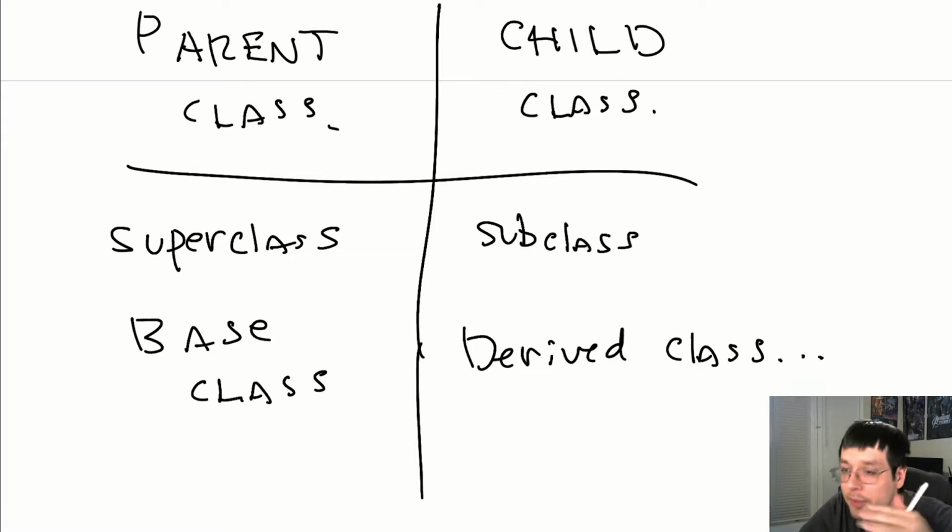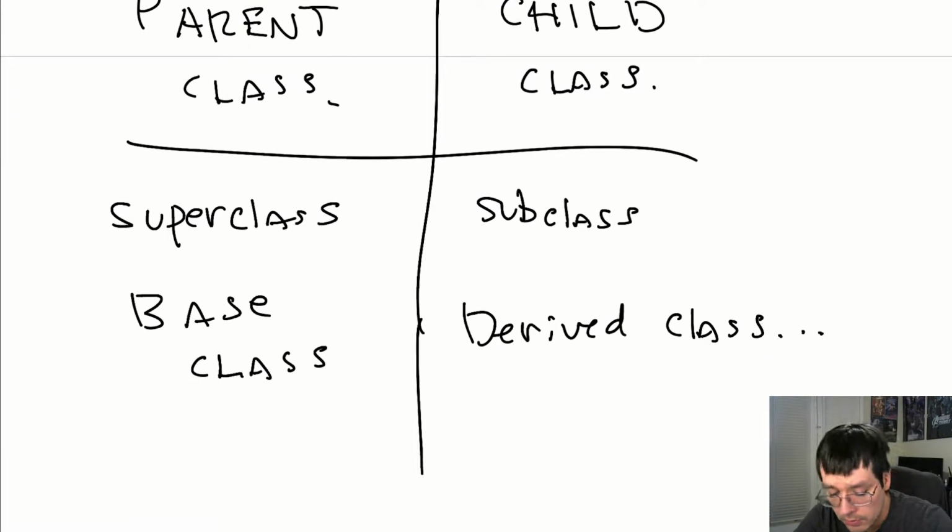They all represent parent and child. So that's parent, child, superclass, subclass, base, derived. I can't think of any others.